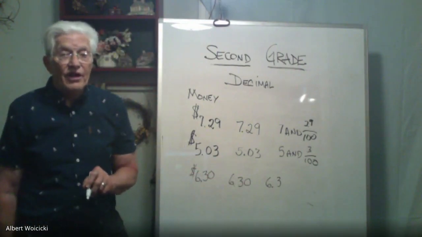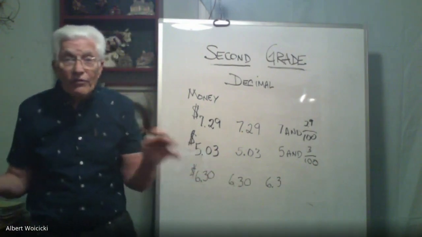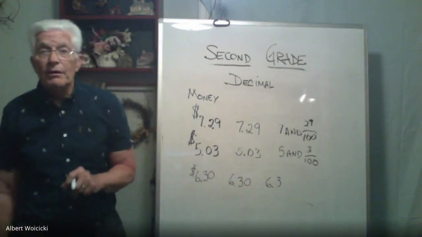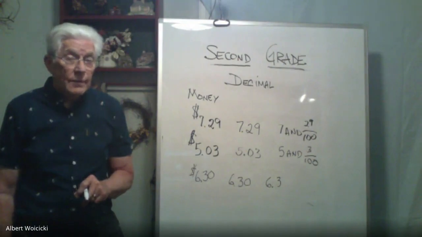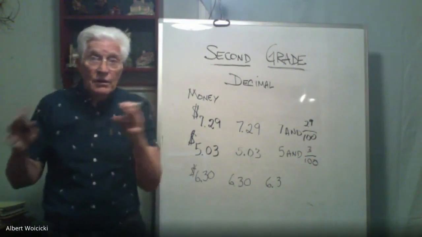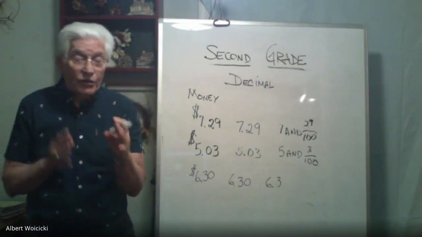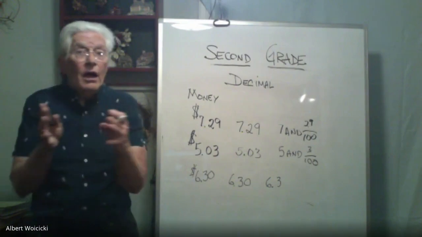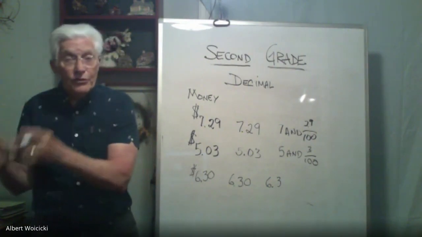Then you might ask them, are all these somewhat the same? I mean, are these two here the same? And they've got to understand, here we go, number sense again. 3/100ths, 3/10. Is there a relationship between 30 hundredths and 3/10?